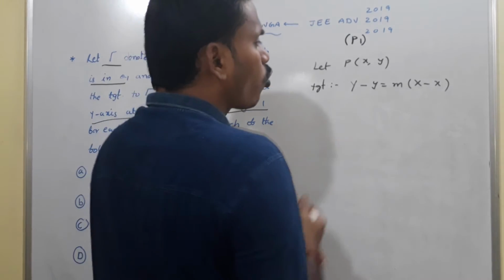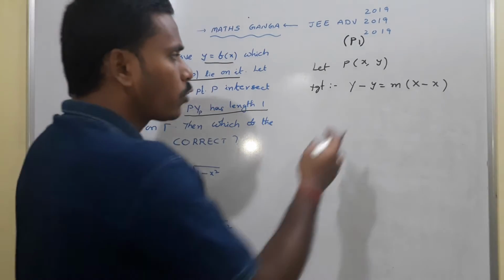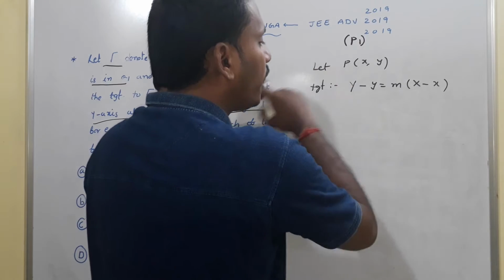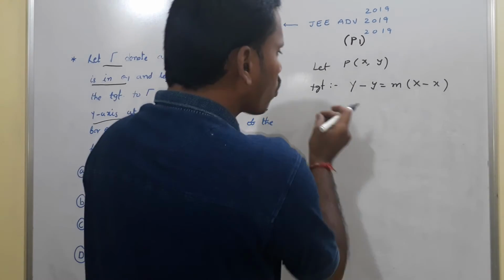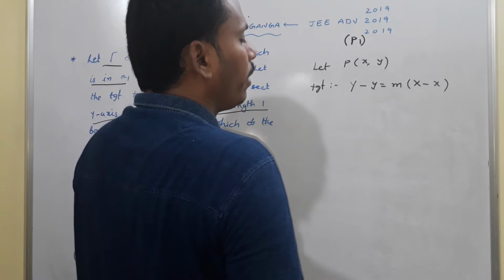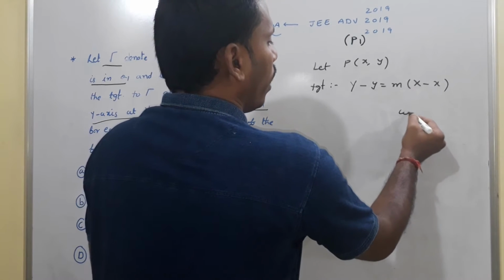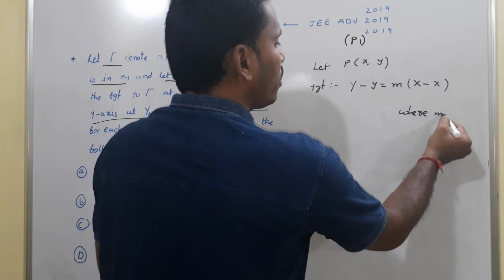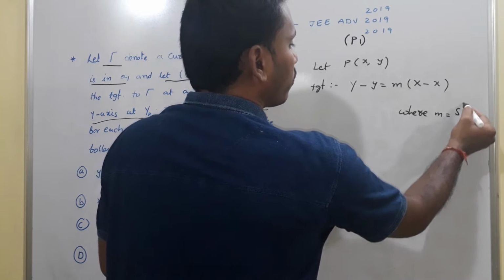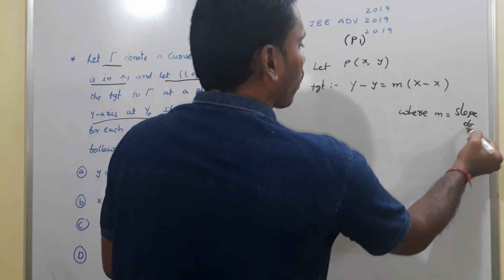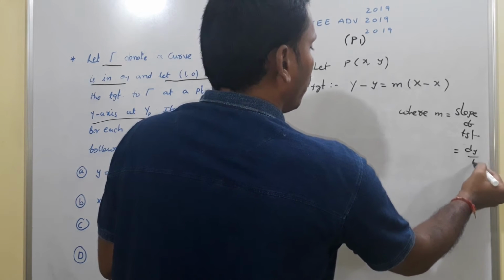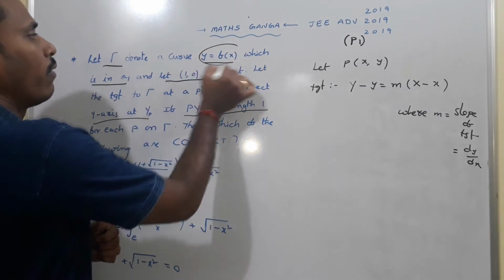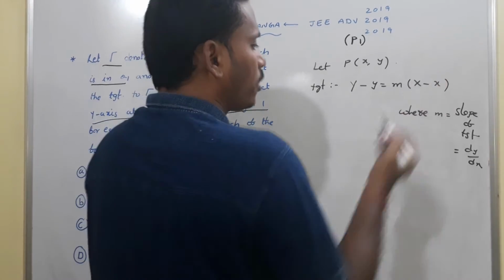Actually, m is the differentiation of the given curve. So what is the slope of the tangent? The slope of the tangent is dy by dx of the curve y is equal to f of x at this point.